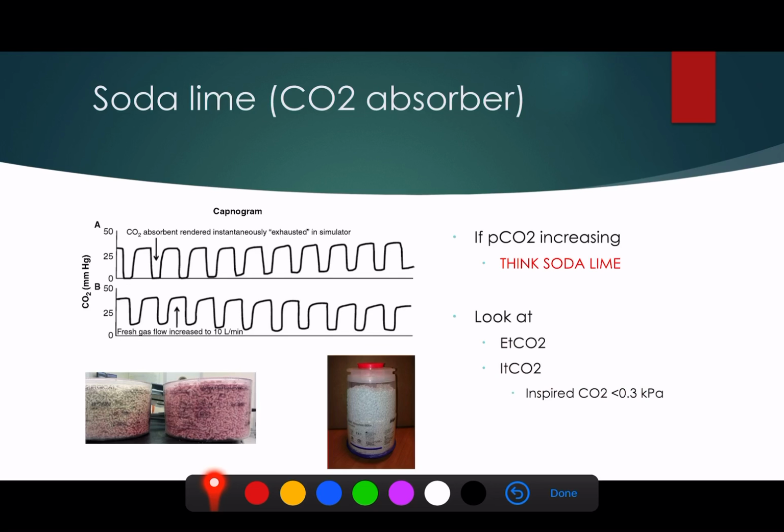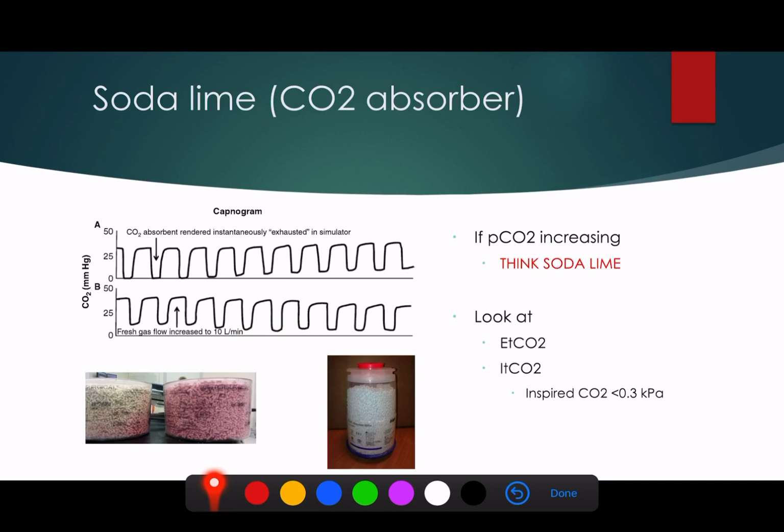So can you see here how you've got a high inspired CO2 level? The Sodalime has run out. So if you increase the flow rate, so remember we said that a flow rate of 5 to 6 litres is what we normally do for patients. If you increase that up to, say, 10 litres, can you see here how the inspired CO2 level is slowly dropping down?